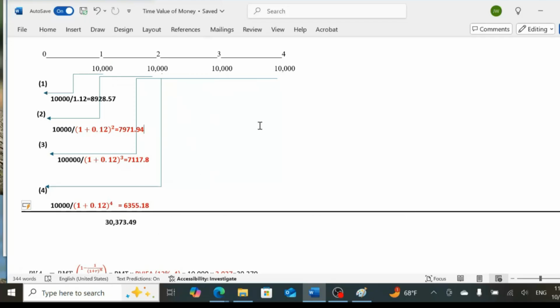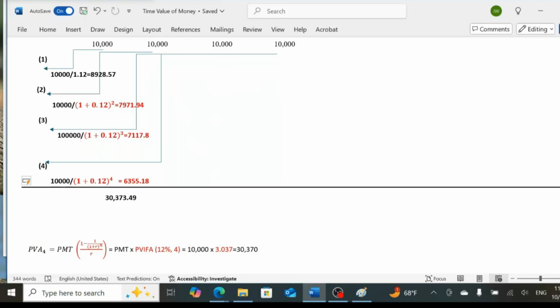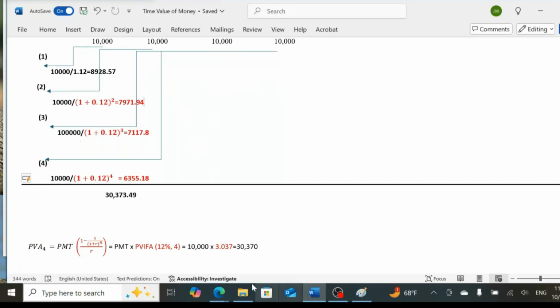So here we relied on the present value of single cash flows. We figured it out, but it takes a long time, right? The good news is we also have a shortcut formula. We don't have to do it one by one. This is the general formula for present value annuity.